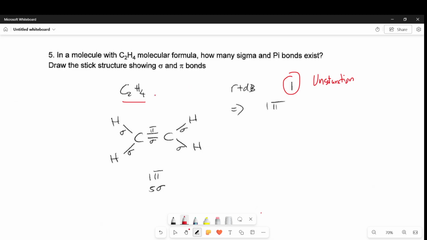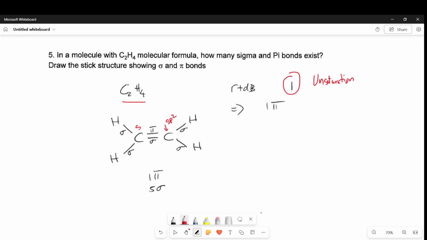But for C2H4, we can have one double bond. To have a double bond, as in this structure, as you see in the answer, you can have this carbon-carbon double bond, and the hybridization here is sp2.